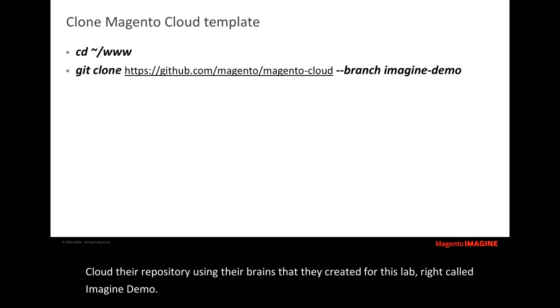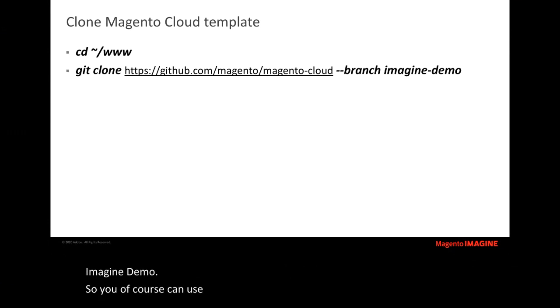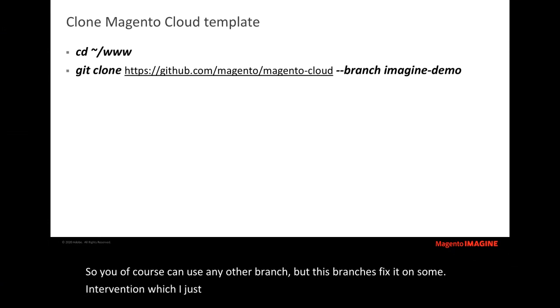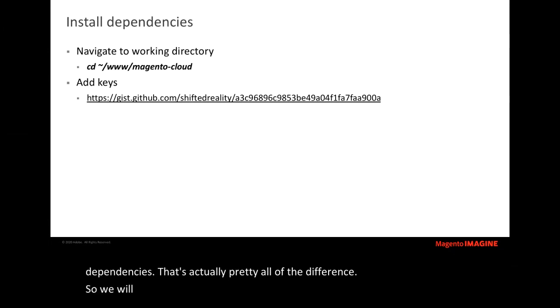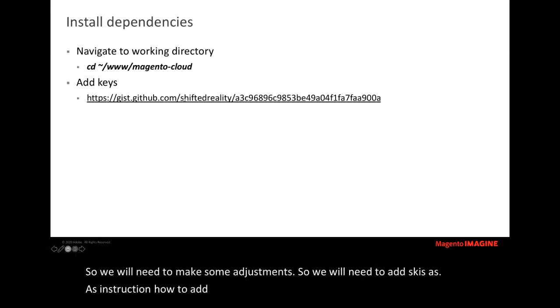You can of course use any other branch, but this branch is fixed on a Magento version which I tested heavily, and it also has the MFTF framework in composer dependencies. That's actually the only difference. We will also need to add keys; the instruction on how to add keys is in my gist on GitHub. I will share this link with you after the demo course.